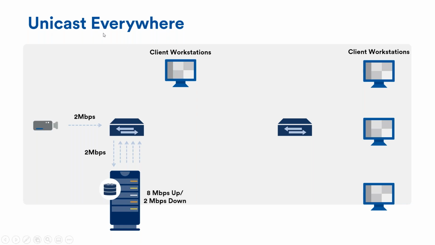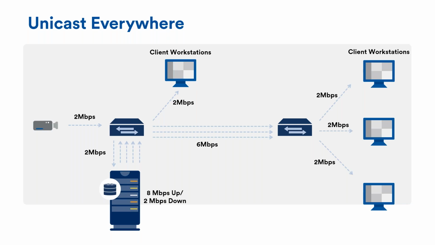This is configured in unicast. The network is set to unicast, which I said was a one-to-one relationship. So for every video request, the archiver needs to send up a stream of video. As you can see from this example, we've got 2 megabits per second coming down, being recorded, but then the archiver and a process called the redirector are redirecting video up based on the requests from the client workstations.